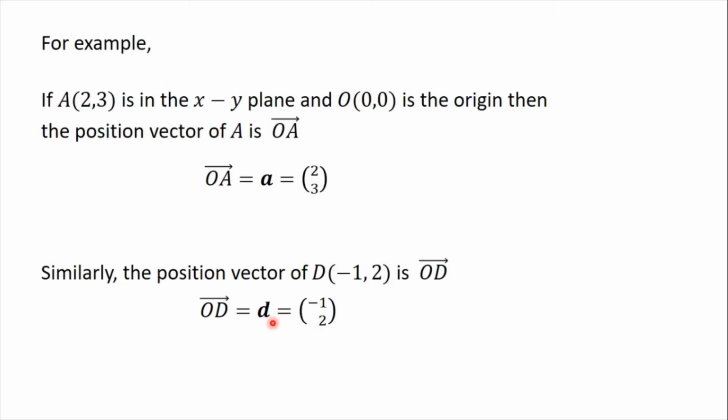I hope that is clear. So when you have OF, it means the position vector of F, and it can be written as small letter f. The components of f will be the coordinates of the point F.